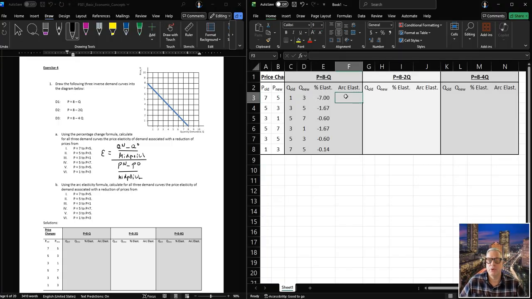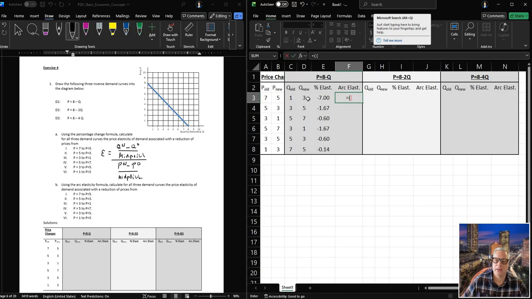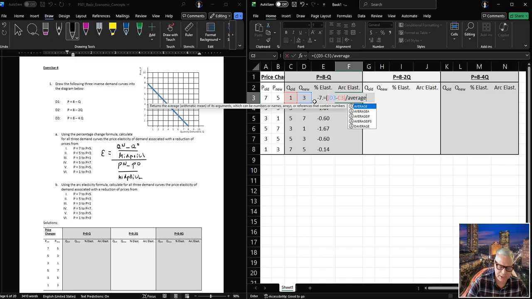So when we want to do the arc elasticity, so now we say again the new quantity minus the old, but now we do not divide by the old, but by the average between the 1 and the 3, which is the midpoint. So now we divide by the average of these two values.